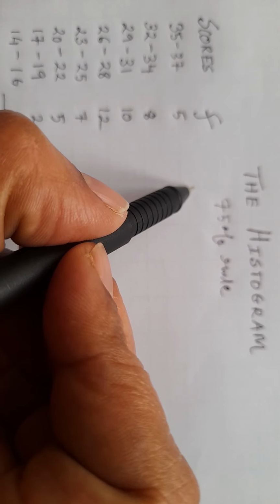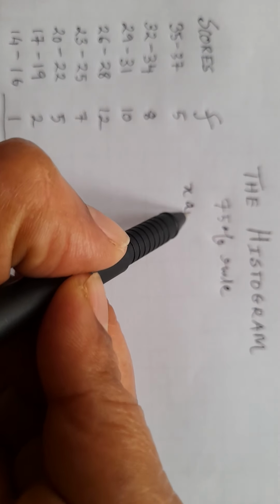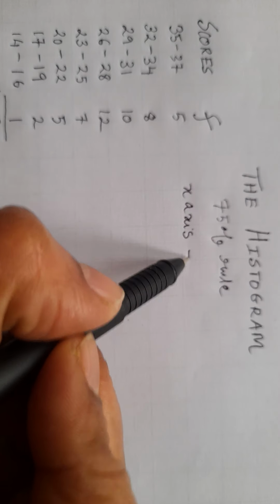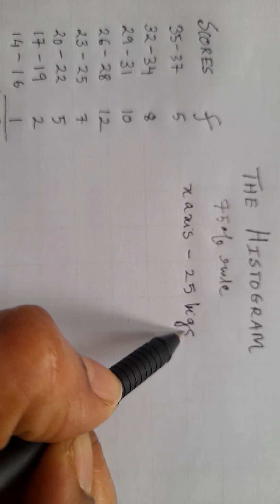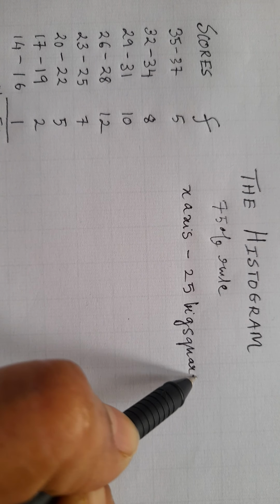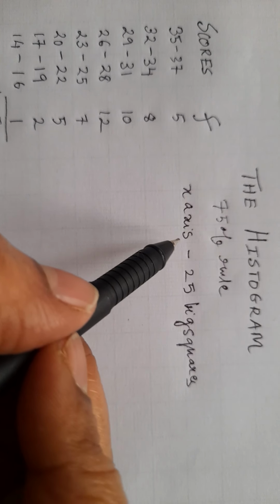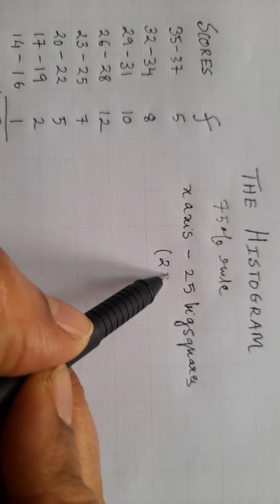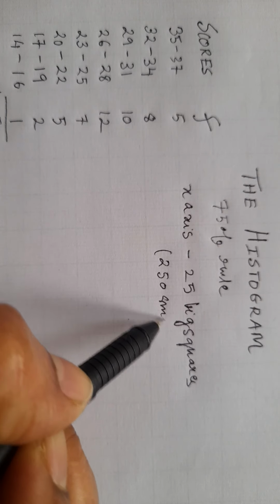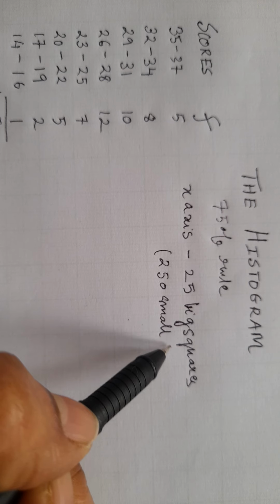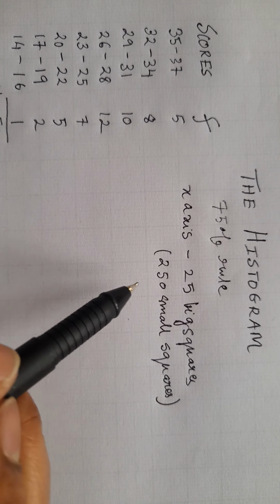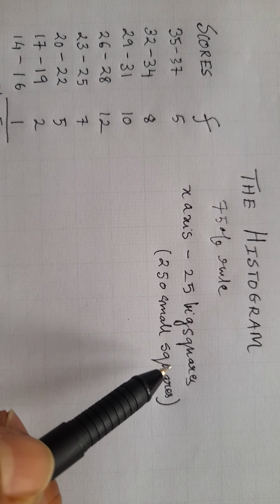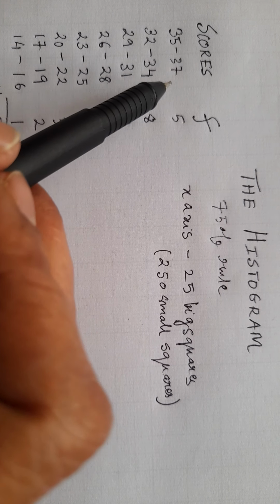Now there are on our x-axis 25 big squares, that is 250 small squares. Now we will use these 250 small squares and we will count how many scores are there.